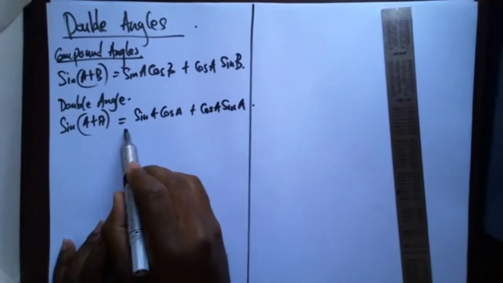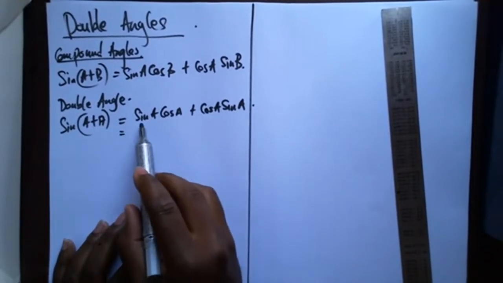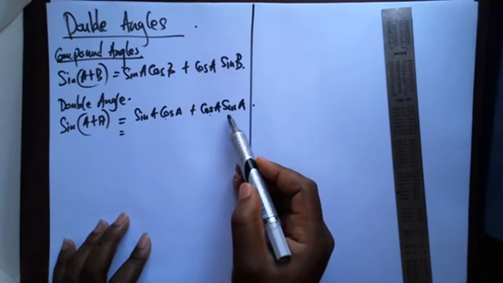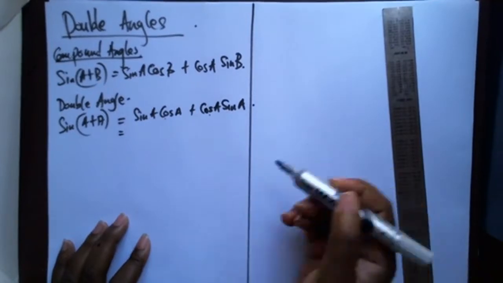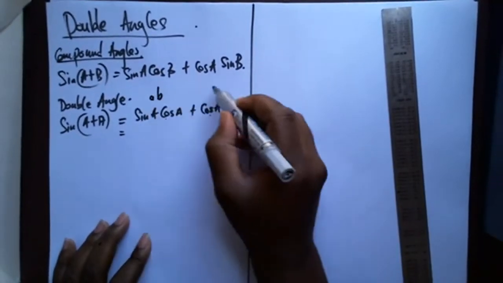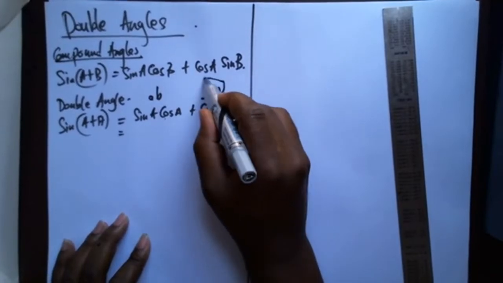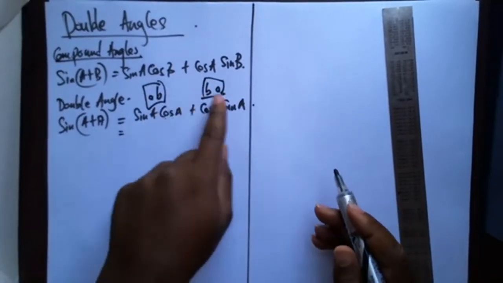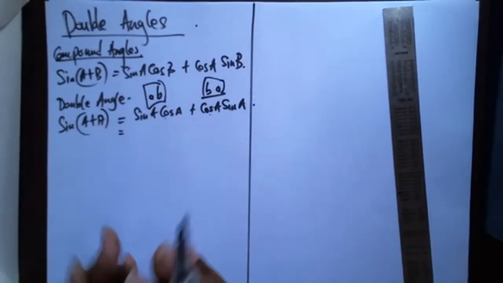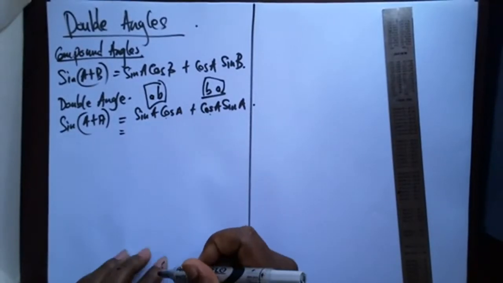Now, sine A cos A and cos A sine A are the same. It's just like saying AB and BA. It's the same variable because it's just which one has been placed before the other.